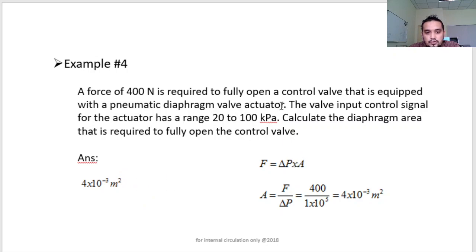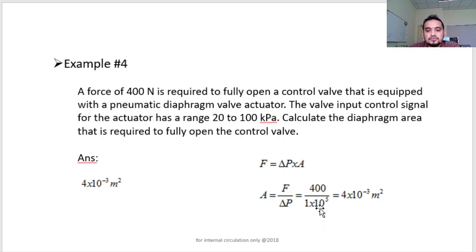So this is the answer given in the SI unit. Okay, not to confuse yourself. In this case, they just simply use the maximum value because it's fully open. If they're asking about the minimum, when it is not open or closed, for example, it's something to do with 20 kilopascal here. But in this case, it's fully open, so we refer to the maximum value.